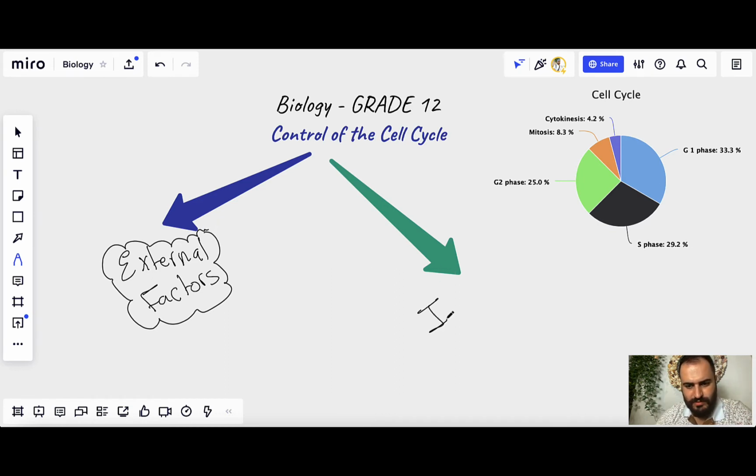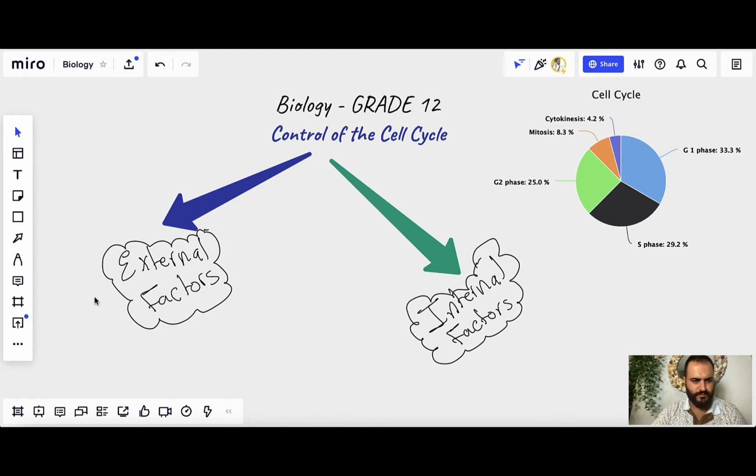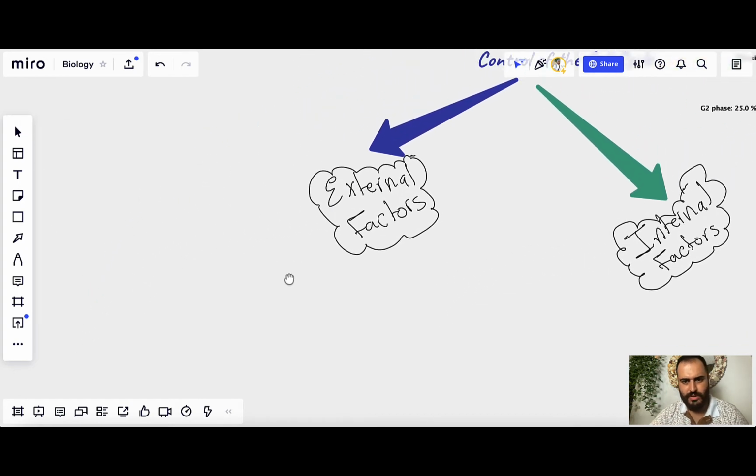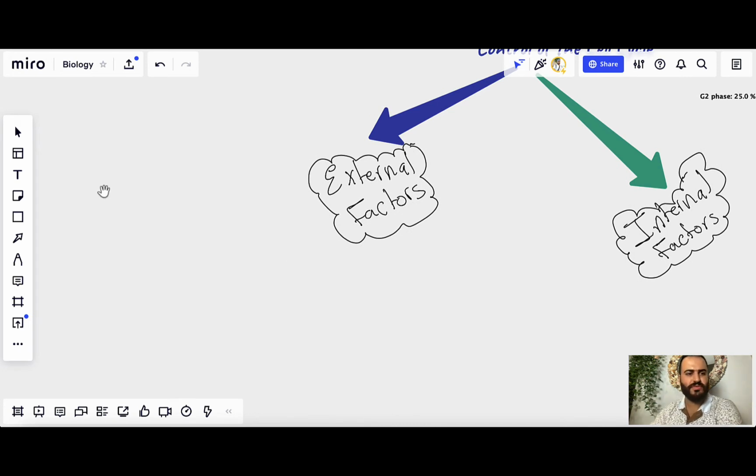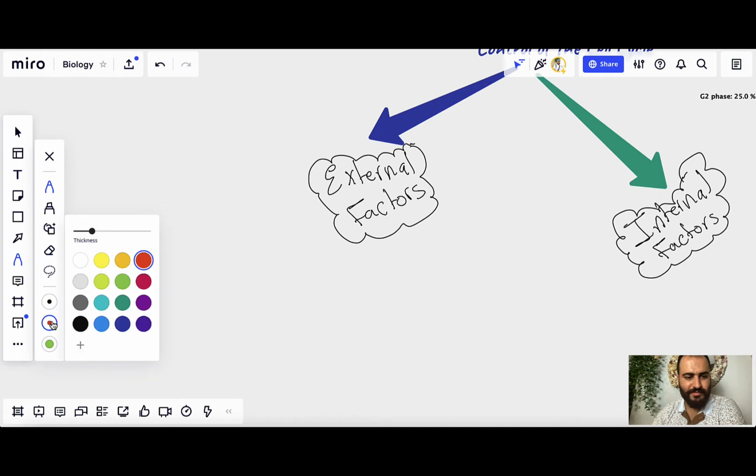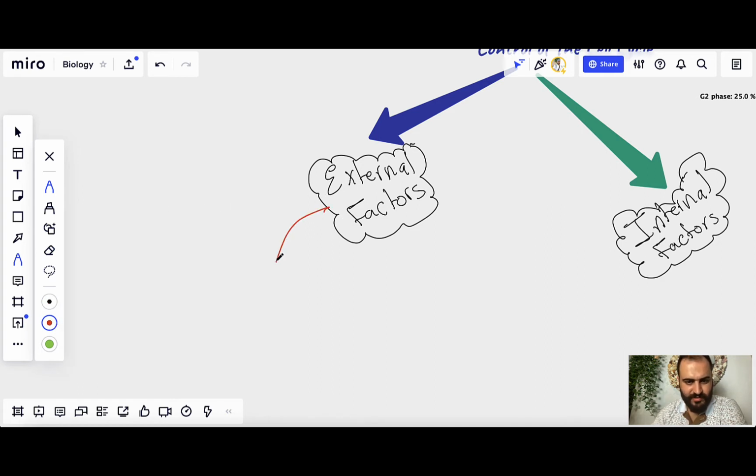And here, the internal factors. Okay, the external factors that control the cell cycle are divided into 2: physical factors and chemical factors.